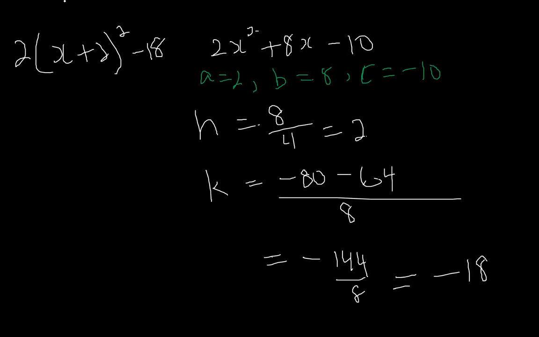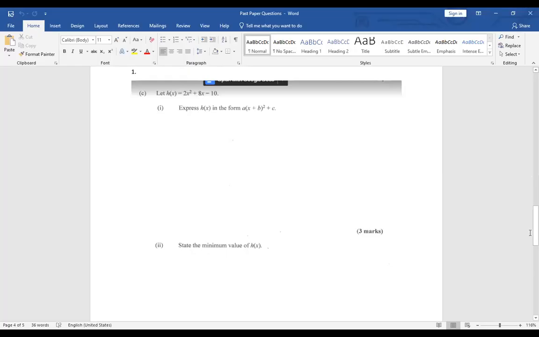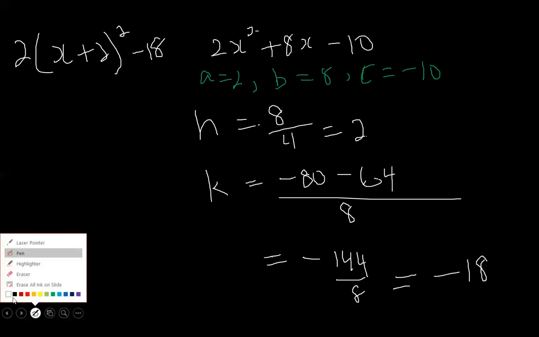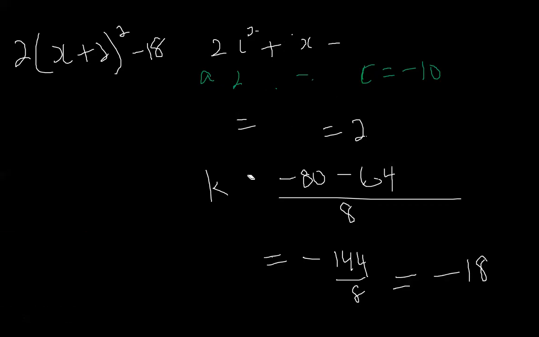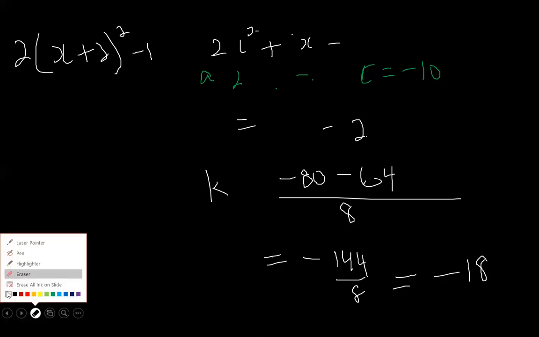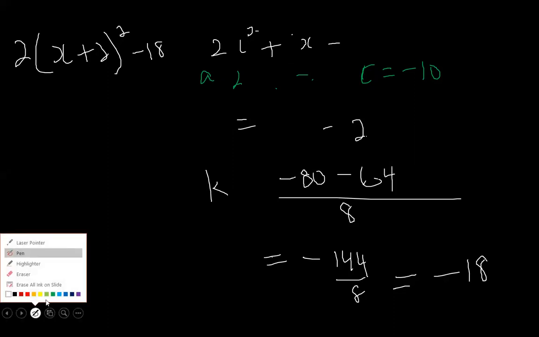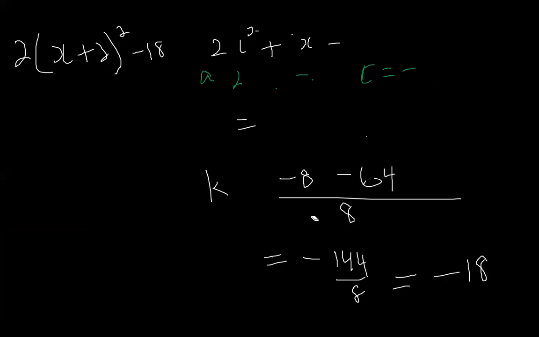All right. Then I want you to do the second part and the third part. What's the minimum value and what's the value of x for which it is minimum? It is a minimum. So let me show you. Look at this and tell me what's the minimum value, and then tell me what's the x value for which it's a minimum graph.